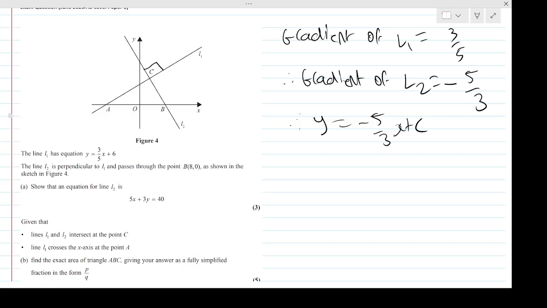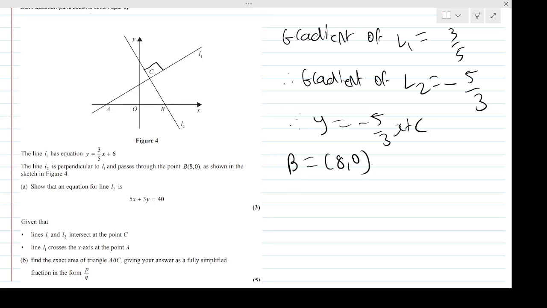We need to know a point on L2, okay, to substitute in to find that c. Well, let's have a look. L2 is down here, but we're told it passes through this point B, and we're told that B is 8, 0. Well, there we are.